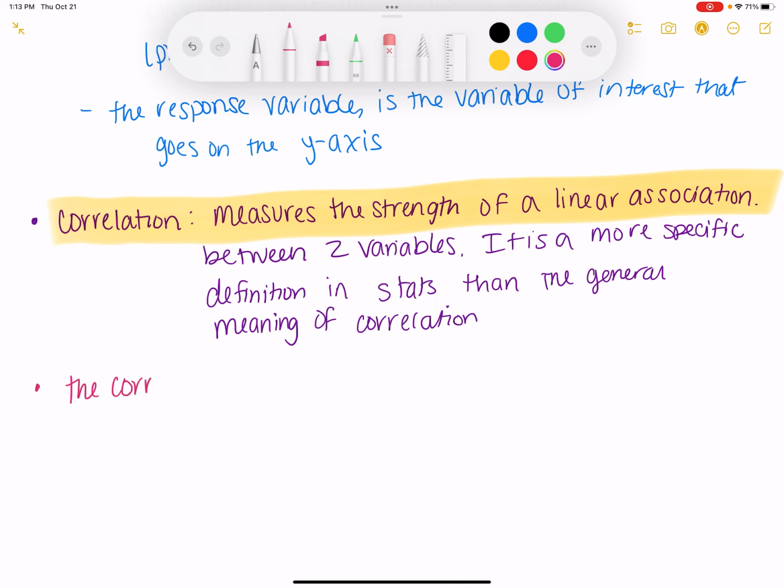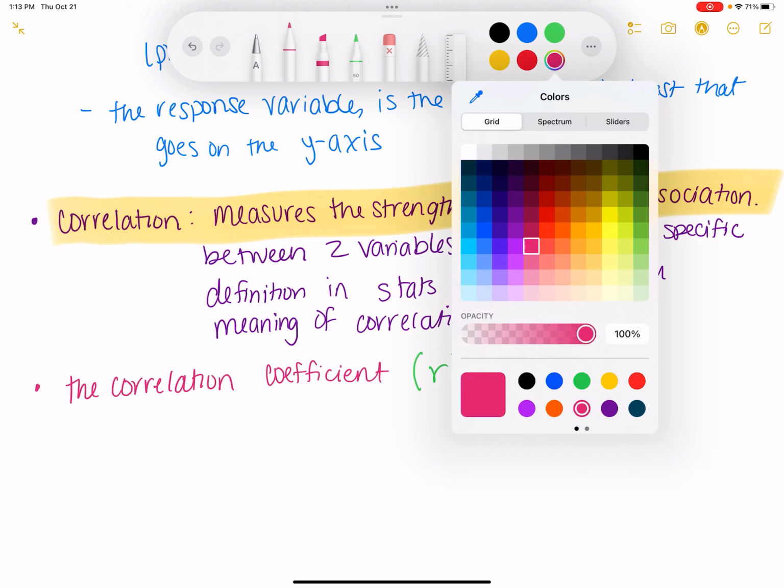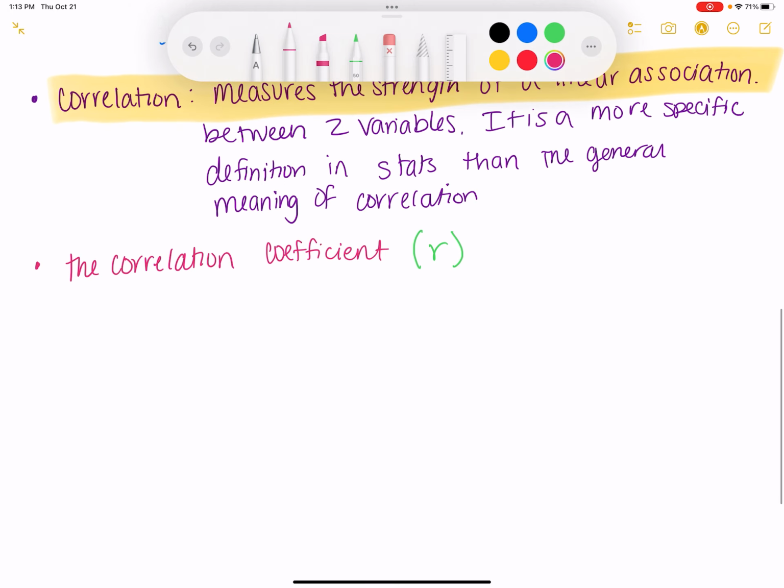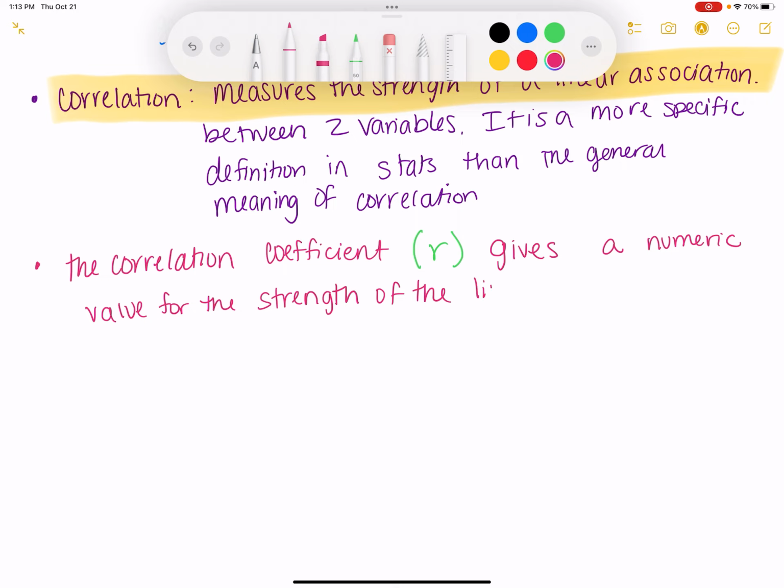The correlation coefficient, and that's represented with the letter R, gives a numeric value for the strength of the linear relationship.